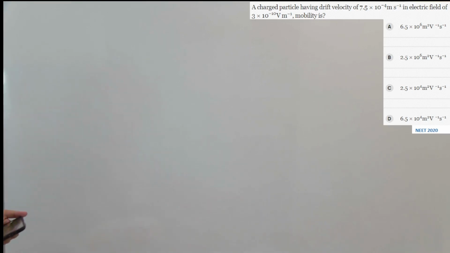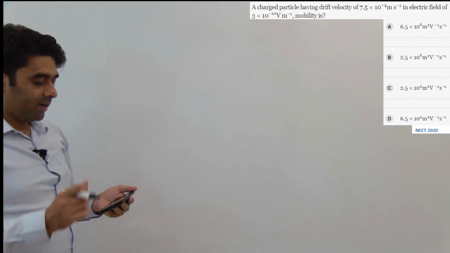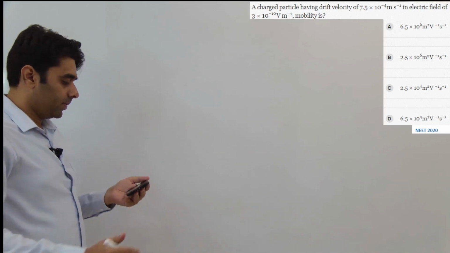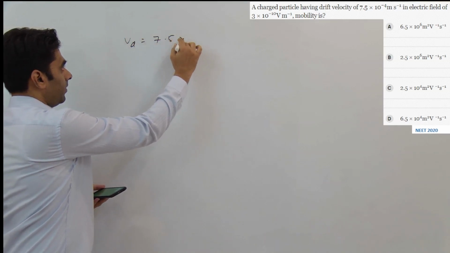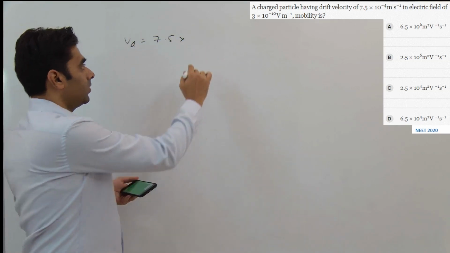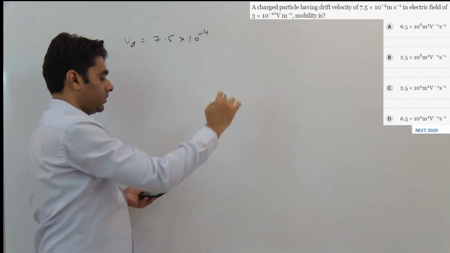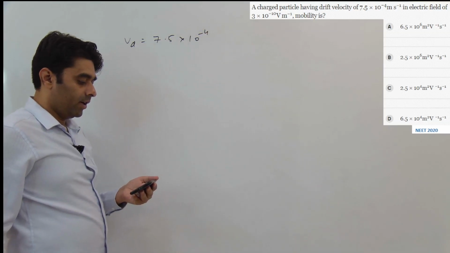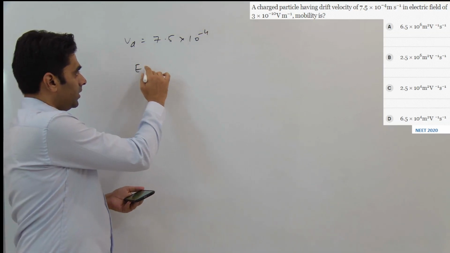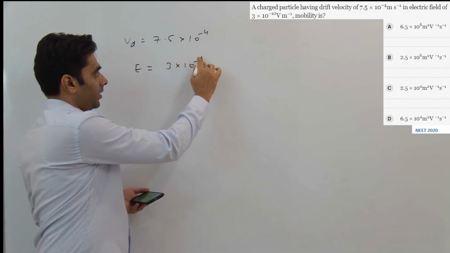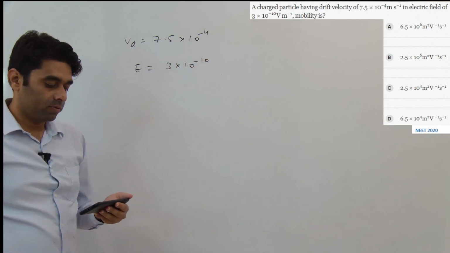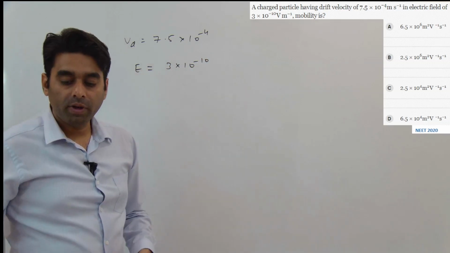So the next question is, a charged particle having drift velocity Vd of 7.5 into 10 power minus 4 in an electric field E of 3 into 10 power minus 10. They are asking for the mobility.